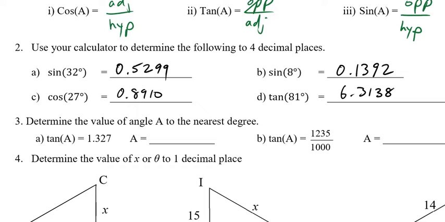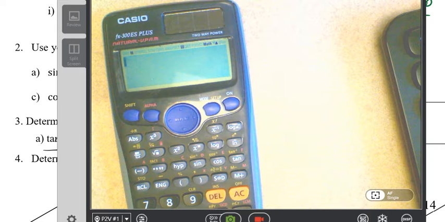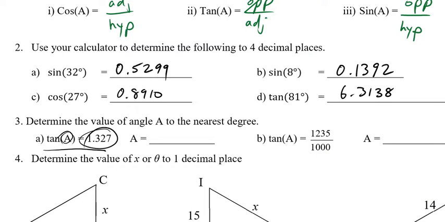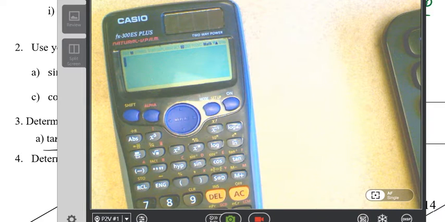How do you do a question like this, where it gives you the answer and you're trying to find the angle? Capital A is an angle. We're trying to find an angle. What's the trick to finding an angle? 1.327, I just want to try to memorize that. Brianna? Right.